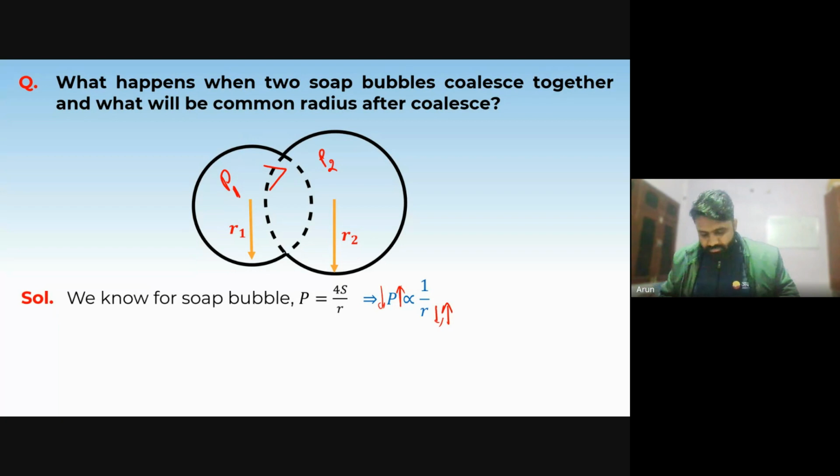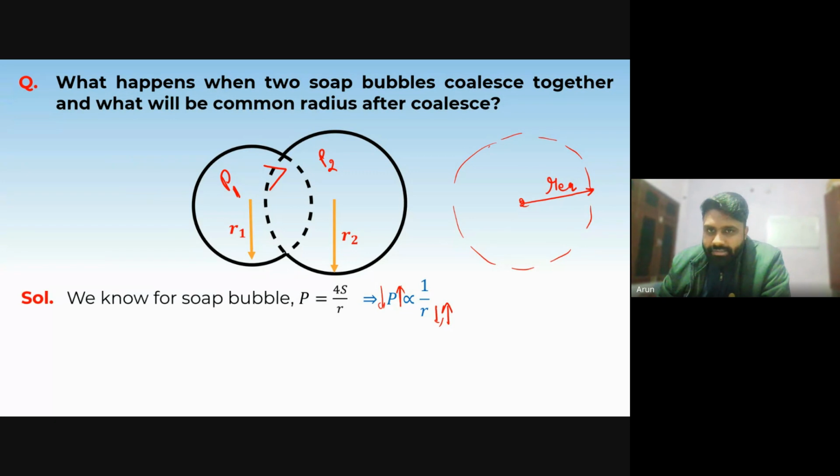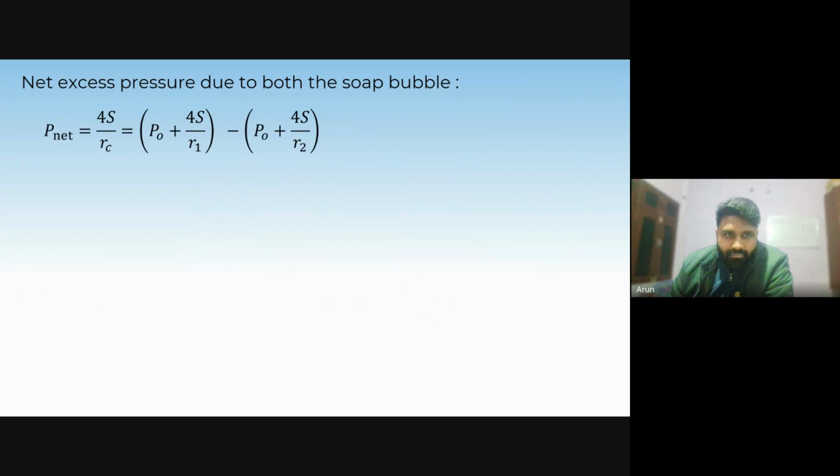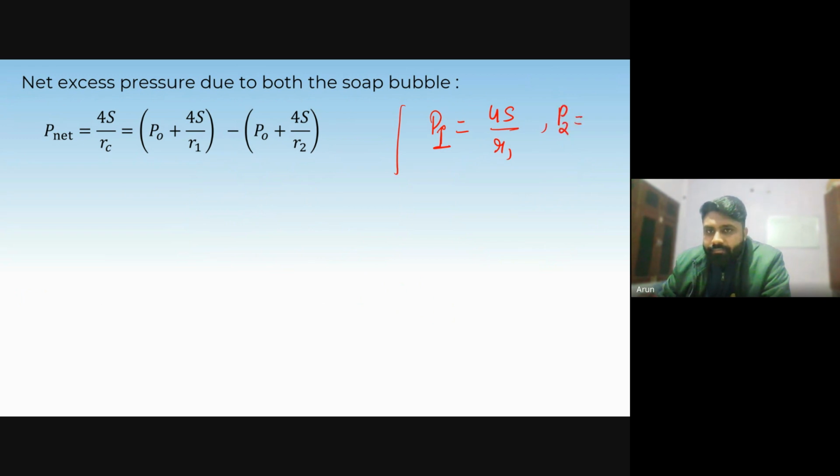So now we can say that it is forming a bubble of an equivalent radius, but the film is the same, so the surface tension here will be the same. So now we are going to calculate P net. Firstly, the excess pressure P1 is 4S upon R1, and P2, because surface tension is the property of the surface.